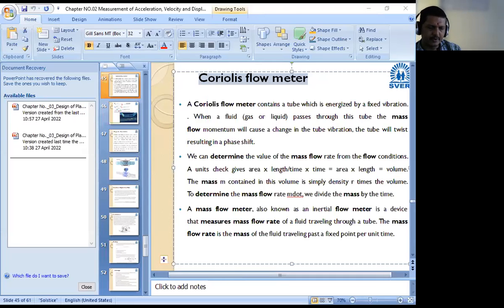The tube will twist, resulting in a phase shift.